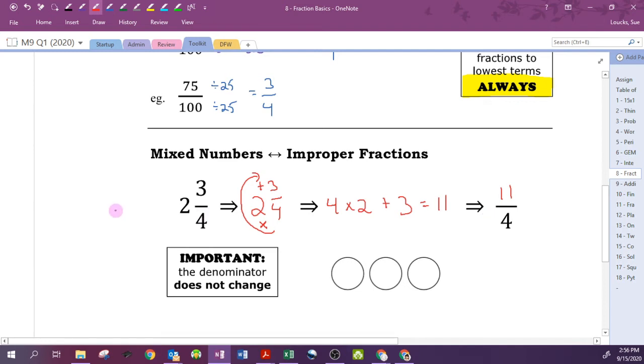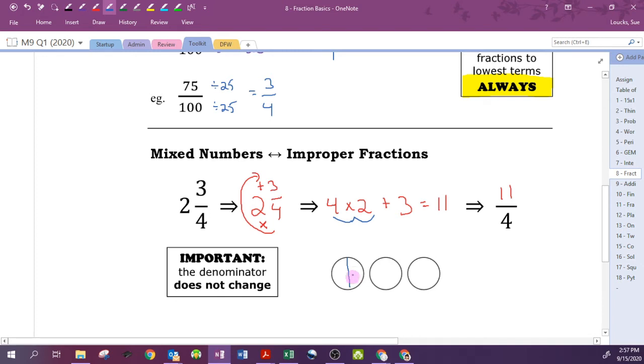It doesn't change. The reason we do this multiplication and then the addition is the 4 times 2. What that really is, I have 2 whole circles. I like to use circles because it's easy to see that it's half a circle and not a rectangle. So this 2 here, that's a whole 2. I have 2 whole circles, but they're each cut into 4 pieces.